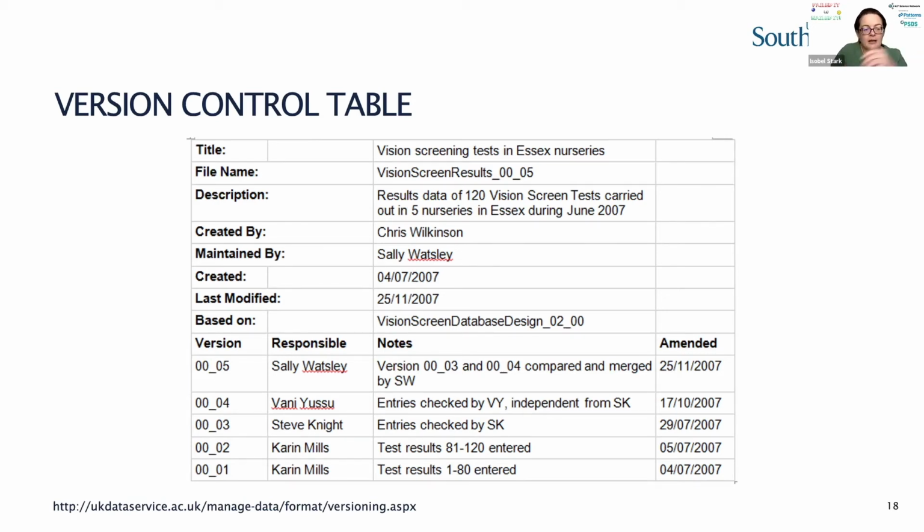So a version control table, as you can see here, normally has all the kind of metadata about who owns it, when it was created, but then gives you a running log of who touched it when, and importantly, an overview of what they've done to it and what substantive changes have been made as you go along. So you might find that a useful tool to use.